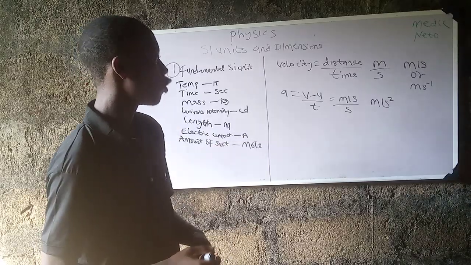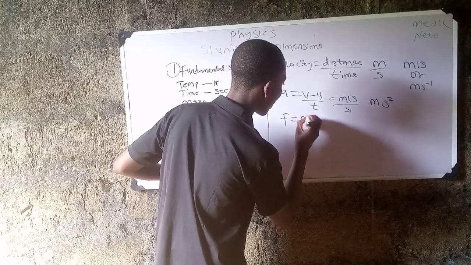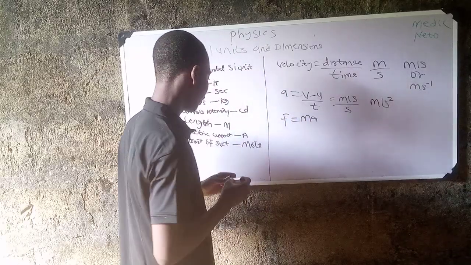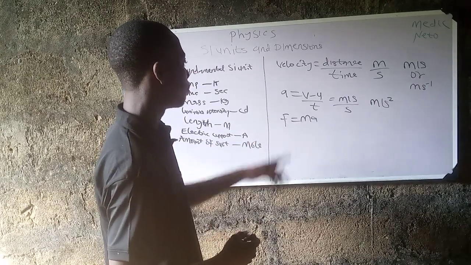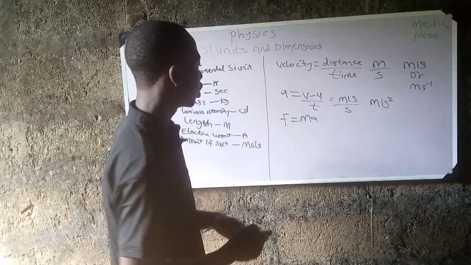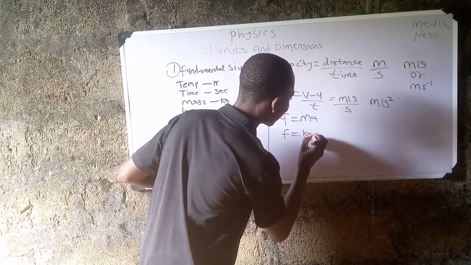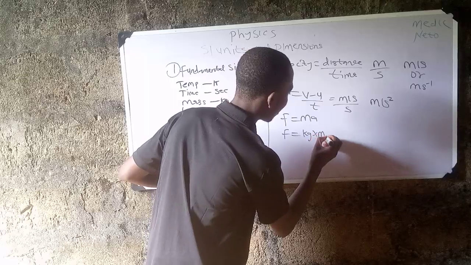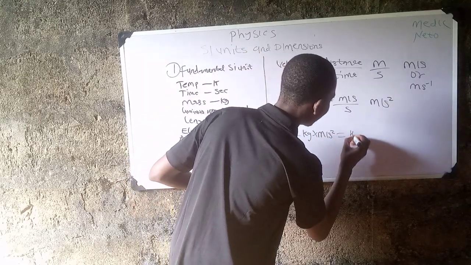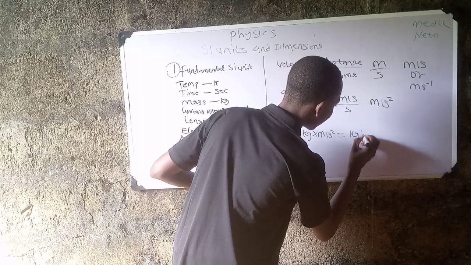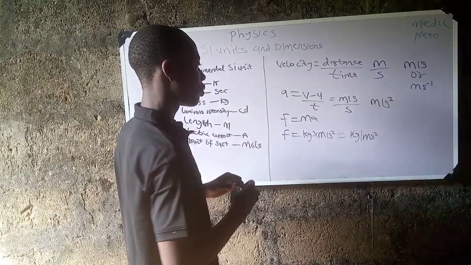Let's check force. Force equals ma. Remember that mass is measured in kg. That is F equals kg multiplied by meter per second square. It will give you kilogram meter per second square.